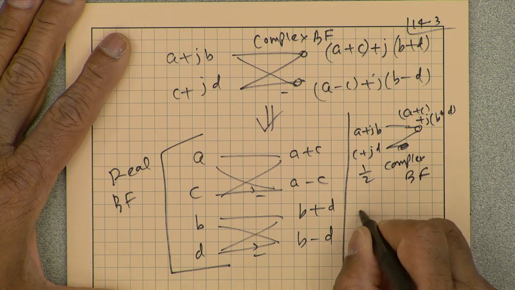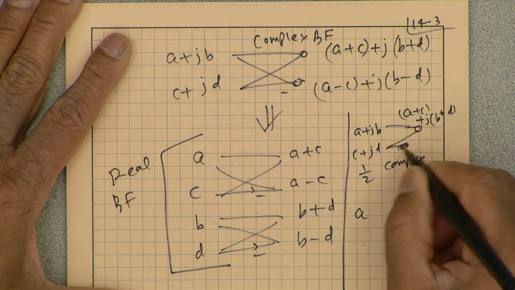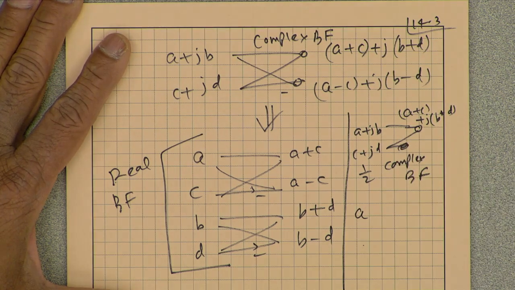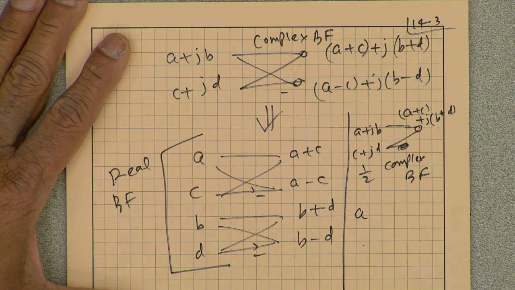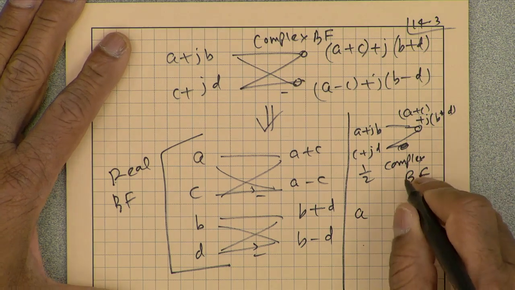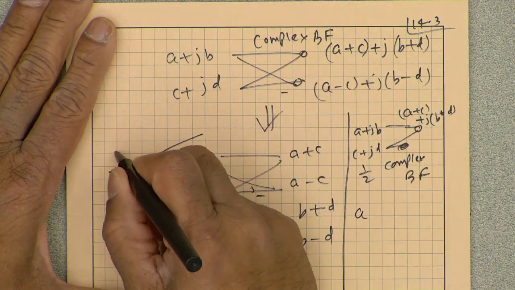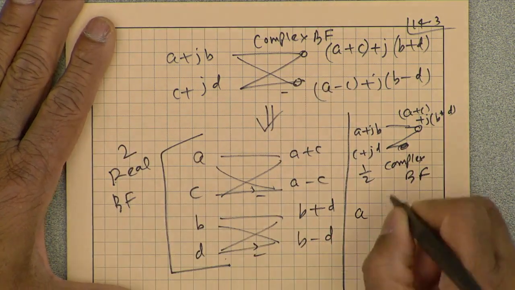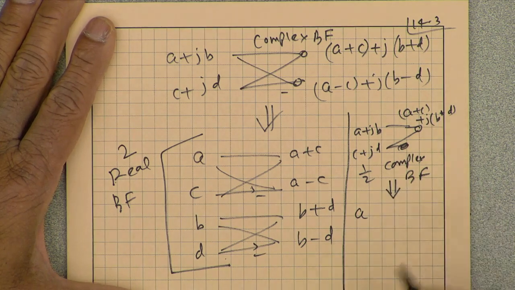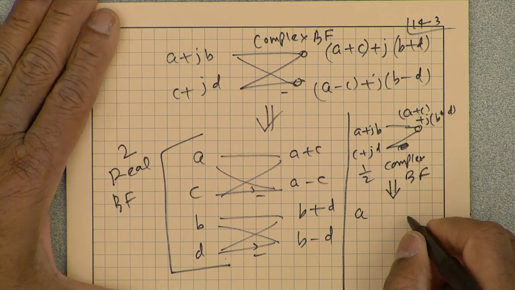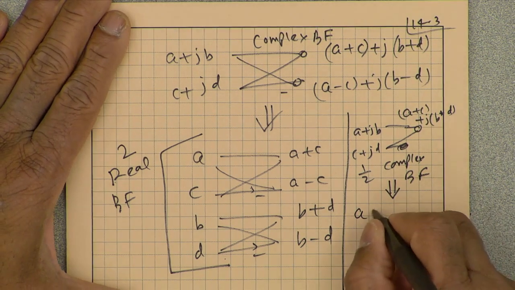I want to expand this to one real butterfly. A full complex butterfly is equivalent to 2 real butterflies, so half a complex butterfly should be equivalent to 1 real butterfly.